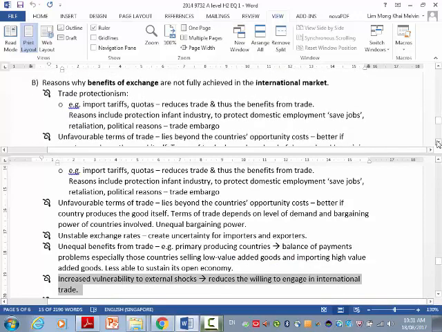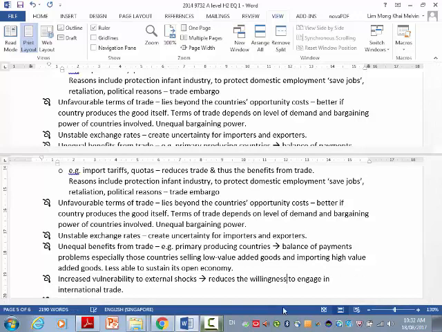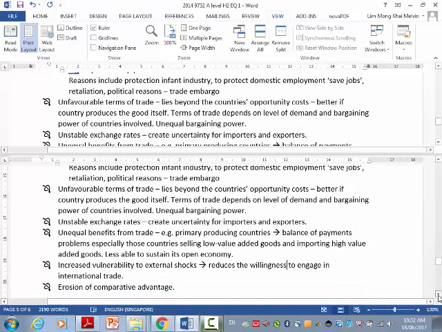Because if I trade, I may expose myself to external shocks more. So it may reduce willingness to engage in international trade. It could also see erosion of your comparative advantage.